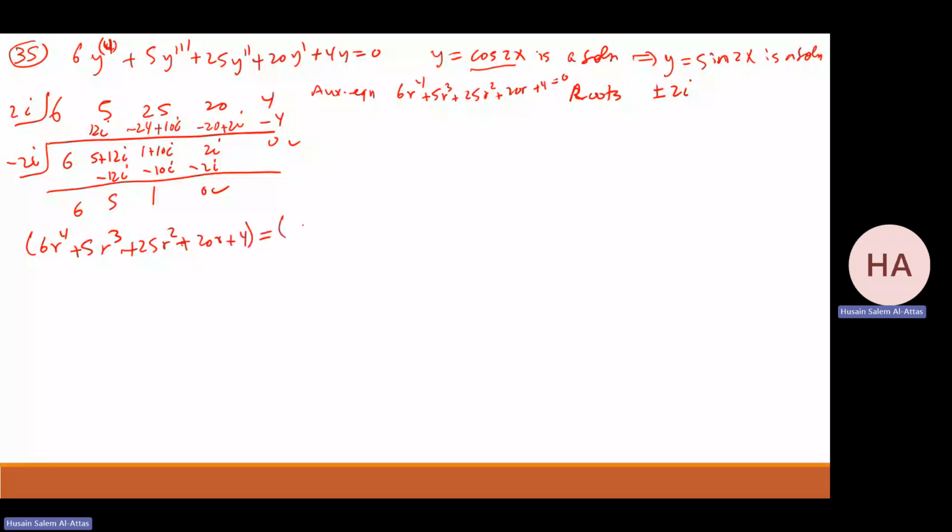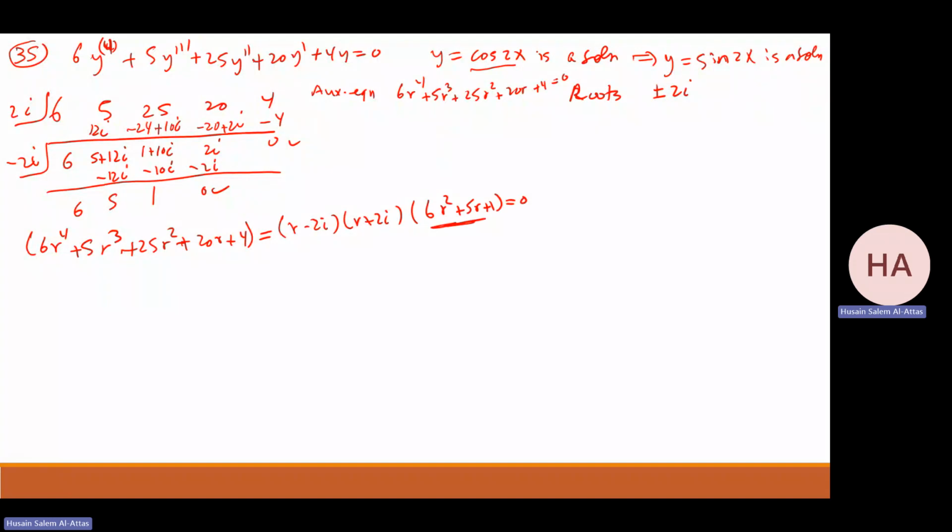That will be r minus 2i and r plus 2i times 6r squared plus 5r plus 1 equals 0. I need to find the roots for this.